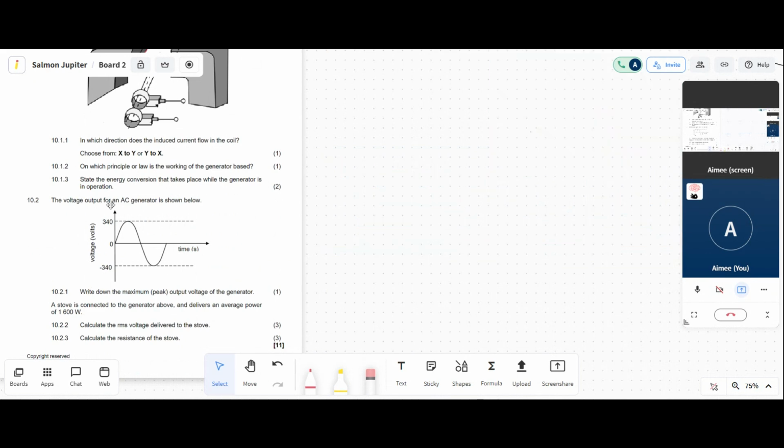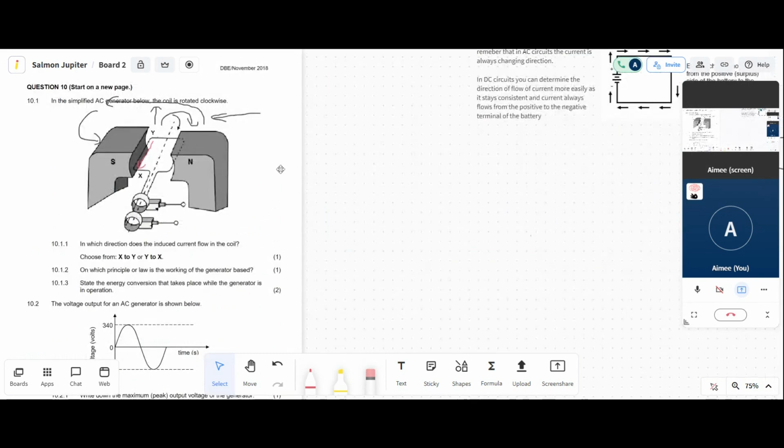Okay. And then 10.1.3 says, state the energy conversion that takes place while the generator is in operation. So they're saying, what type of energy is being converted into what type of energy in this scenario?